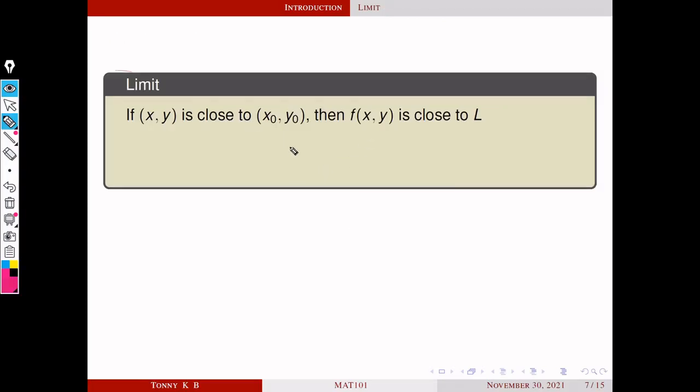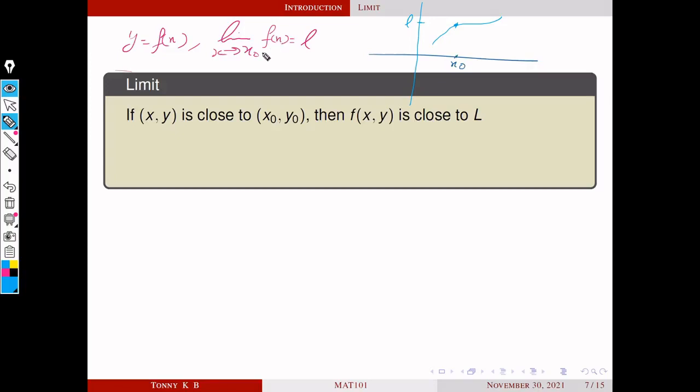Okay, next we are going to define the concept of limit in a two variable function. Before introducing this concept, first we have to analyze the concept of limit in a one variable function. In the case of a one variable function, let it be y is equal to f of x, and this is the notation of limit as x tends to x naught, f of x equal to L. What is the meaning of this representation?